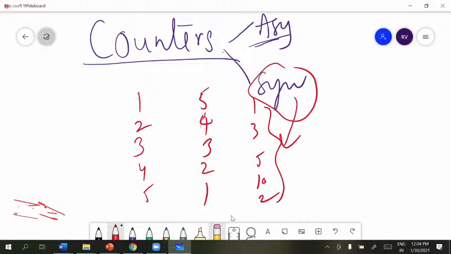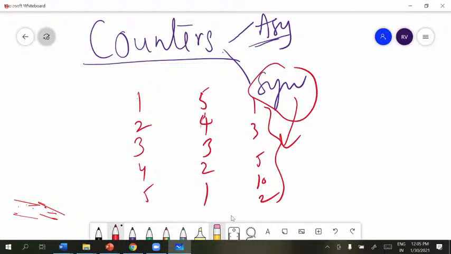So digital counters are placed in industries to count finished products, or else we can place them in pilgrim places, to count how many people visited a temple, like Tirumala Tirupati Devasthanam. Every day several people, some millions of people, are visiting, no? So they place a counter there.